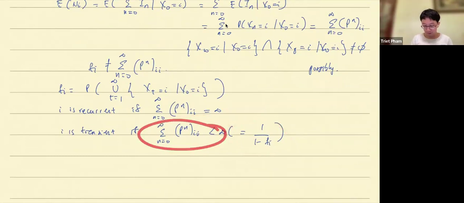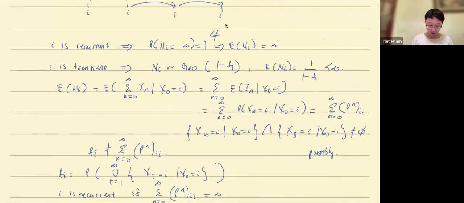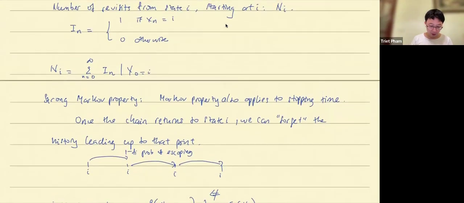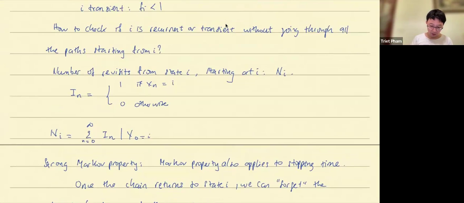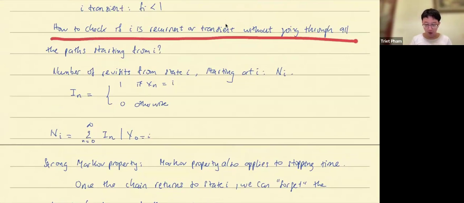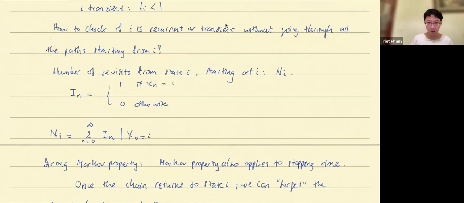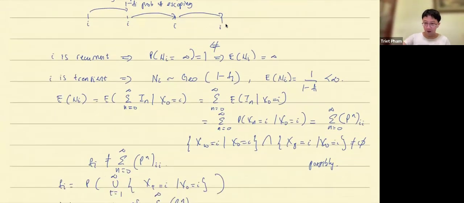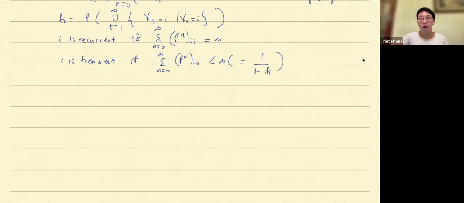So that's one possible answer to how to check if a state is recurrent or transient without going through all the paths. The answer is by analyzing the number of revisits, starting from the state. Okay, any question? This is just reviewing the old materials.